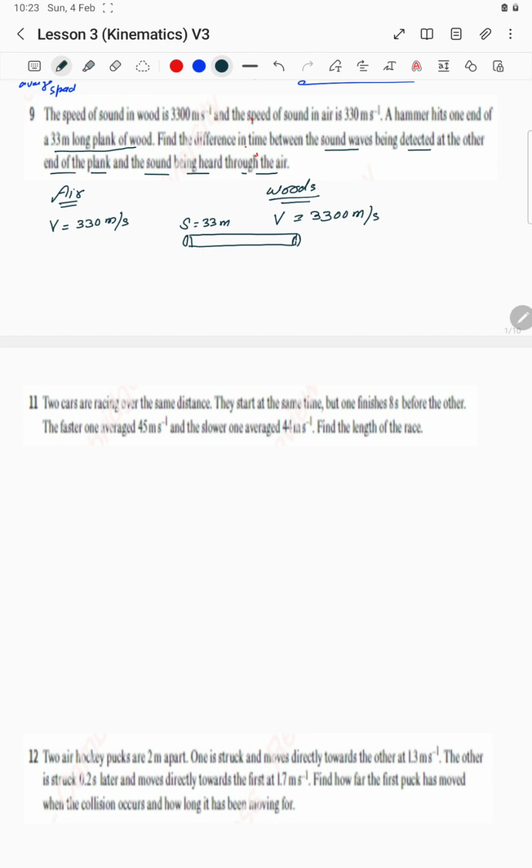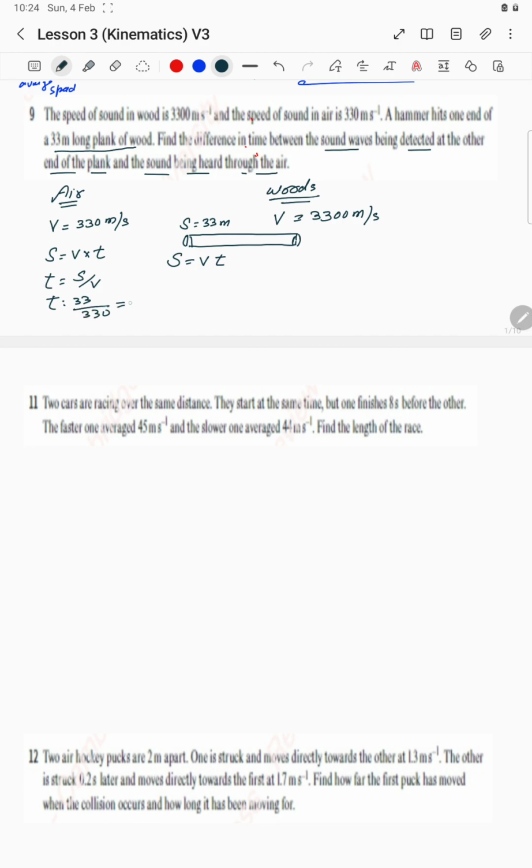Okay. So here we know that S is equal to Vt. So for air, S is equal to V times T. So time we are looking for, so T is equal to S over V. S is same for both cases, so T for air is we can say 33 by 330.